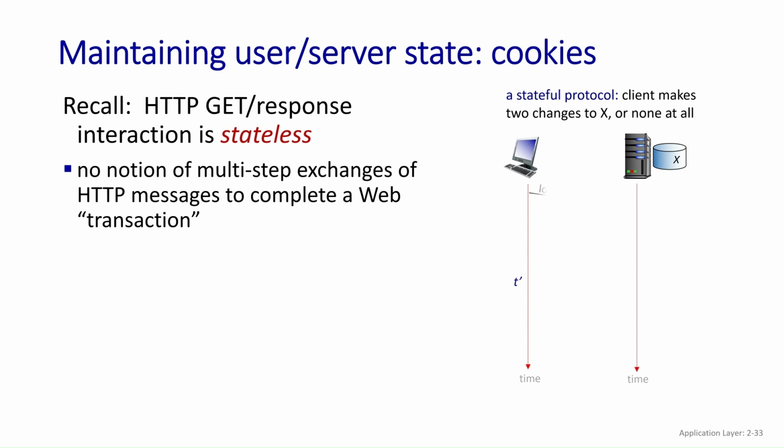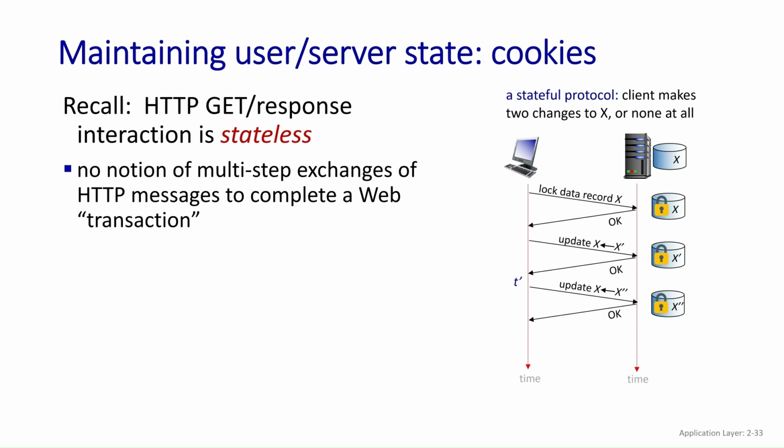For example, there is a record, a file at the server with the name X. The client can ask to lock the record X. So the record is locked, and then maybe the client has updated it, and the previous record has been replaced with the new record, X prime.